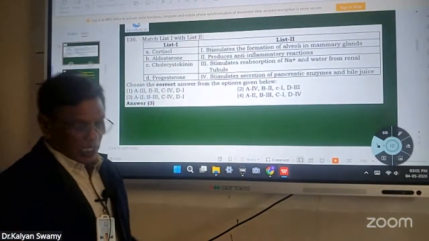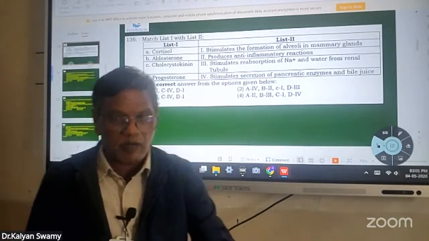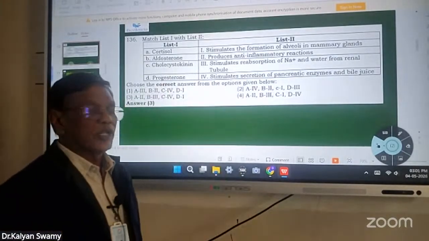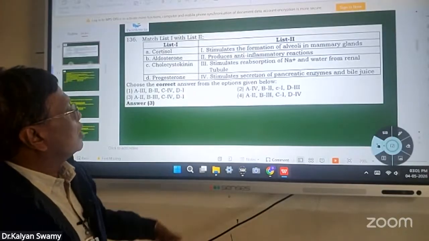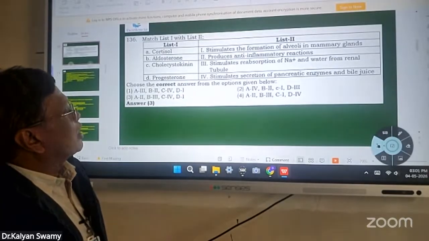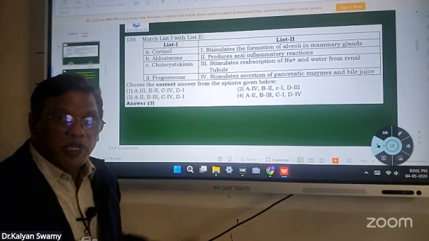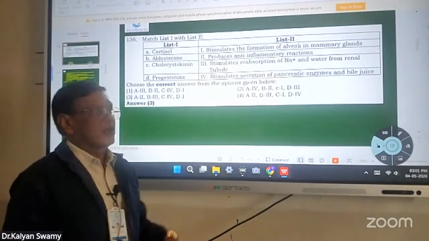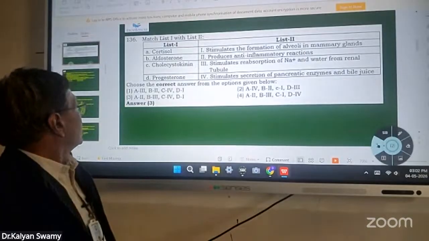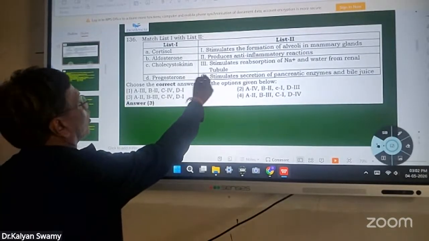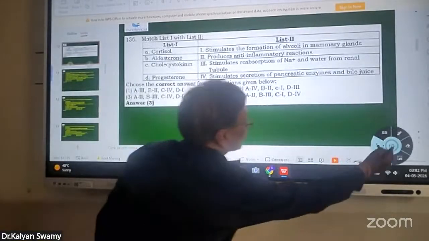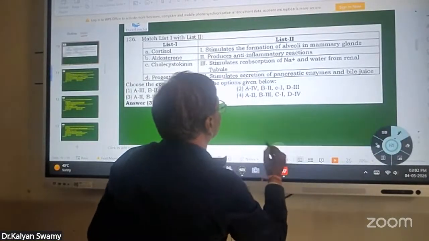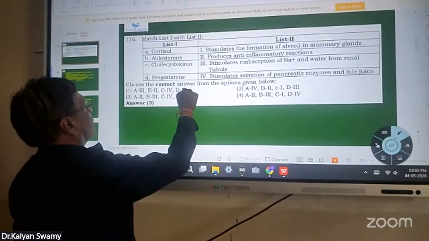And cholecystokinin, it is secreted by the cells of duodenal mucosa that stimulate the pancreas to release the pancreatic enzymes, and also it brings the contraction in the gallbladder causing the release of bile fluids. Here A2, that is well known to us. A2, 2 are there. Here we can strike off this one.